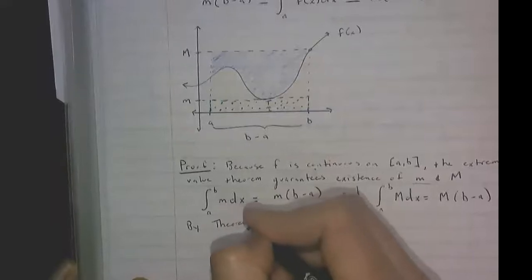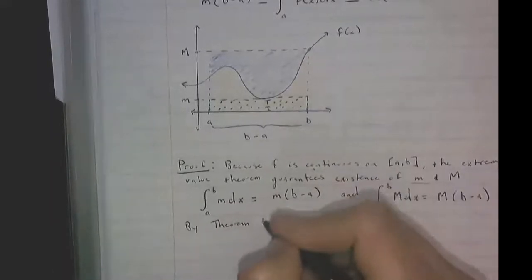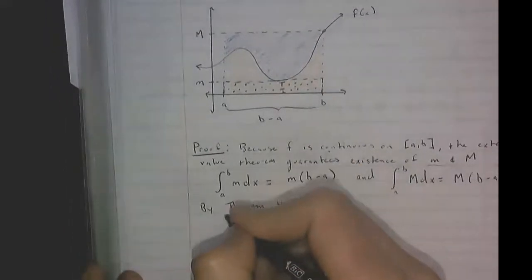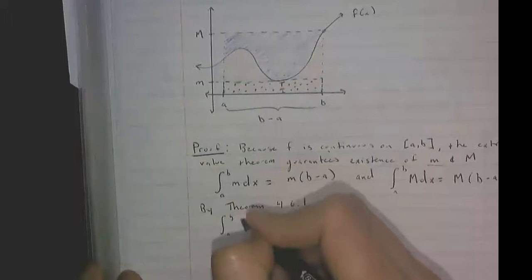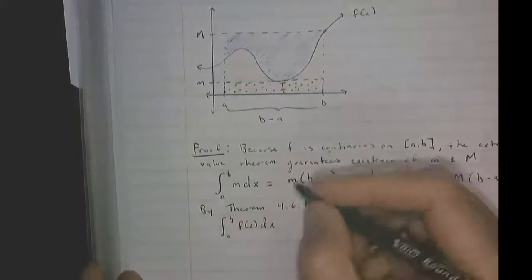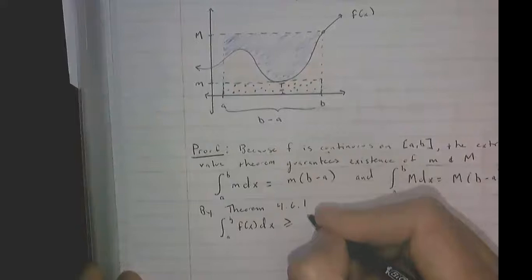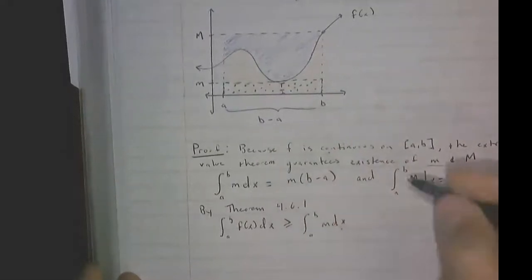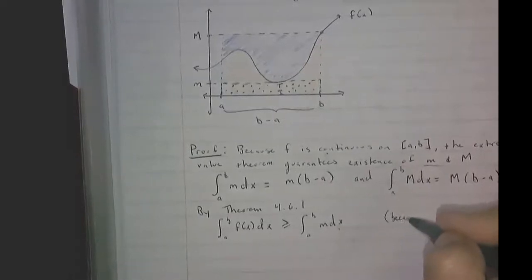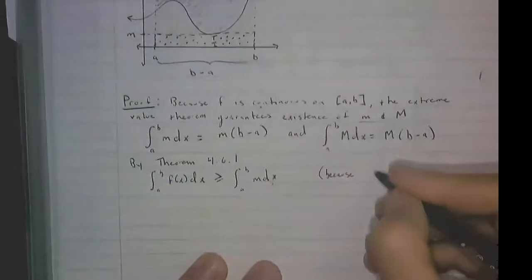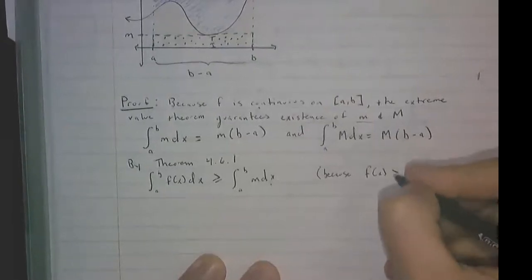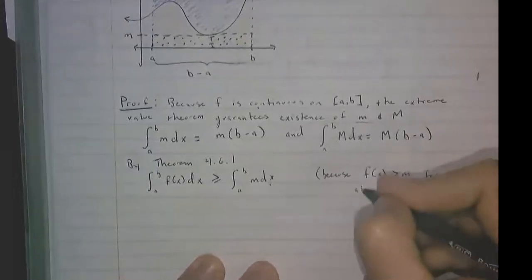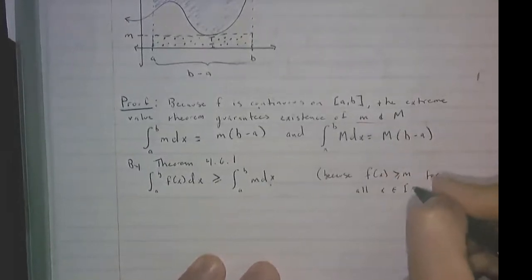Okay. So by theorem 4.6.1, we can say that the definite integral from a to b of f of x dx is greater than or equal to the definite integral from a to b of m dx, because f of x is greater than or equal to m for all x in that interval.